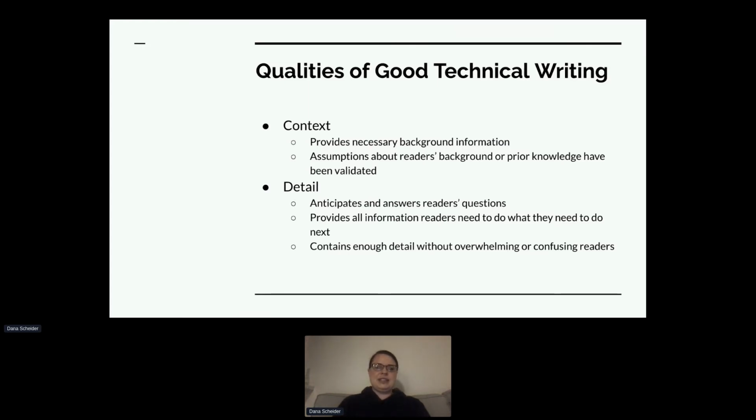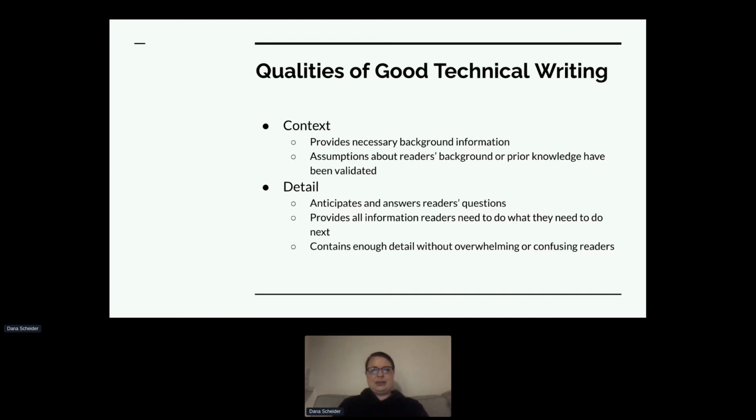One of the things that involves, and I'll cover this at a number of points in this talk, assumptions about readers' background or prior knowledge need to be validated before you can be sure that you're giving the correct context. It's difficult, especially when you're writing for a large audience of people, to make sure that you've covered all your bases in terms of making sure that everyone kind of understands the background information or the key information they need to know to proceed.